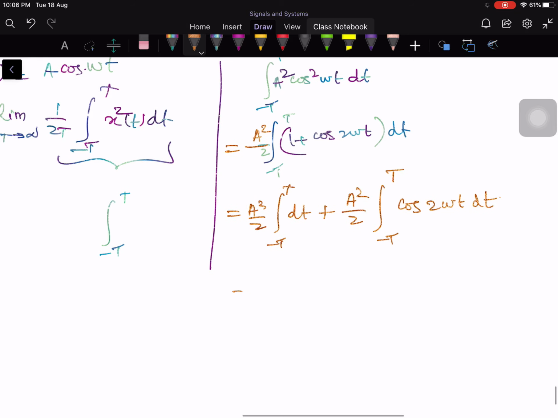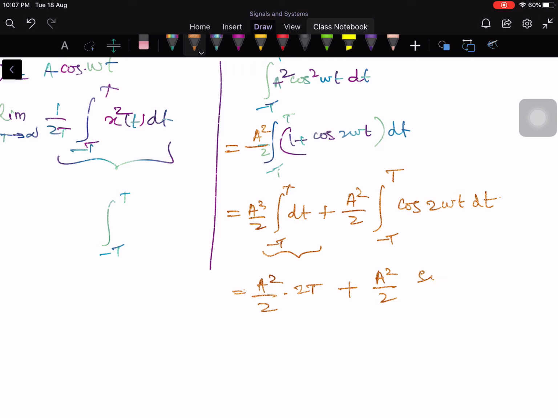Okay, so the first one is this one. If you integrate, you get A squared over 2 times 2T. And what about this one? A squared over 2 times cos 2 omega t.